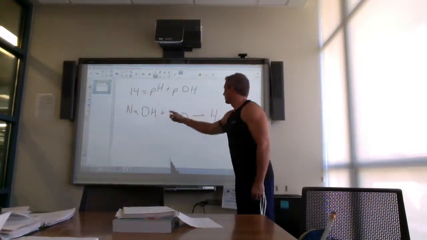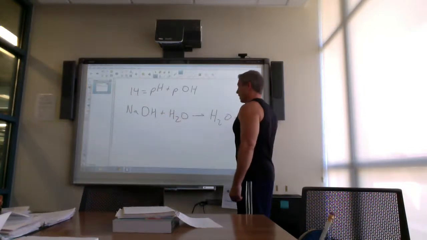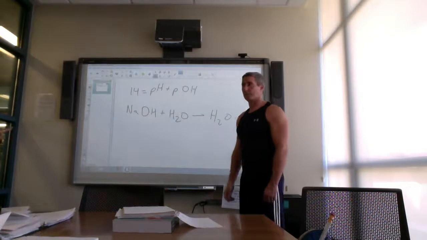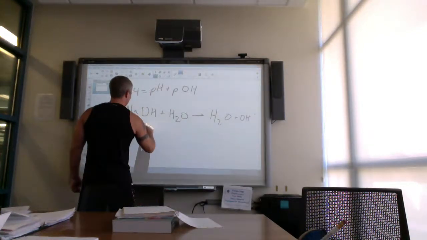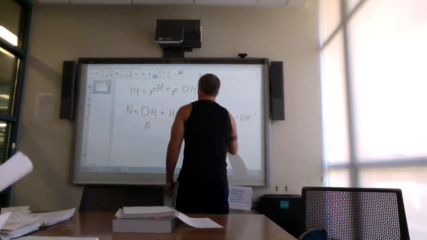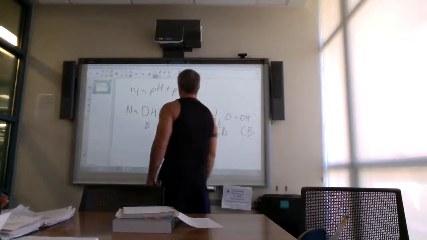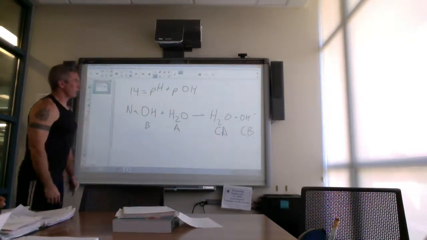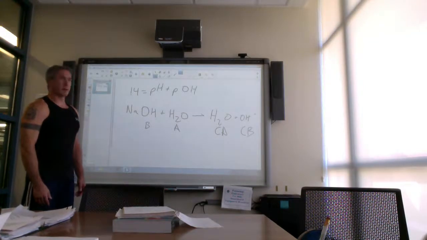This is the conjugate acid of that. This is the conjugate base of that. Can you write that underneath? Yes, please. That helps. Now again, this one's a little bit weird because if you look at water, we're creating water and creating OH.